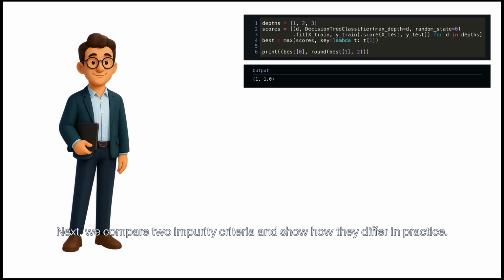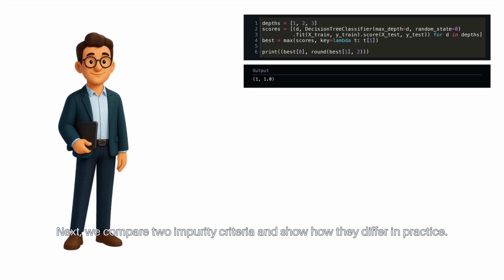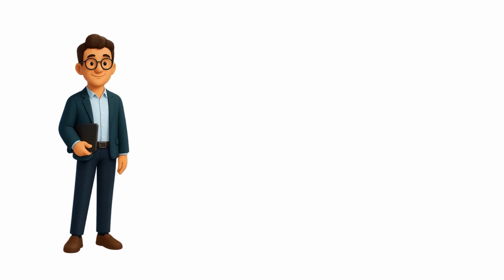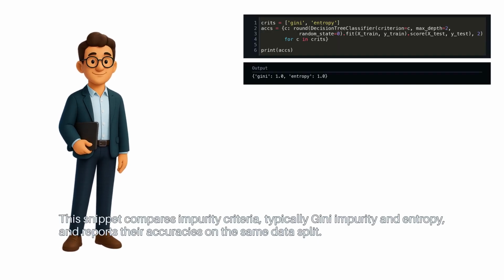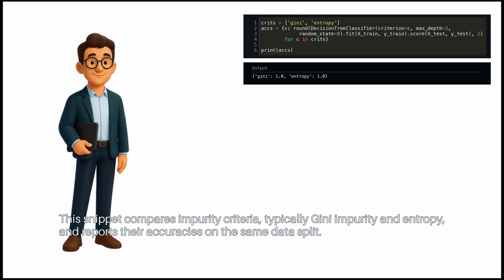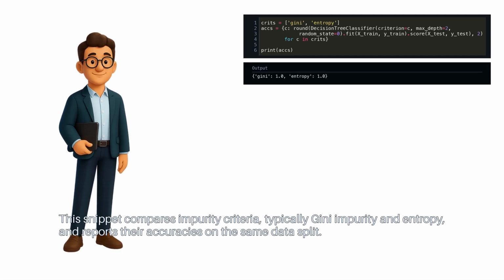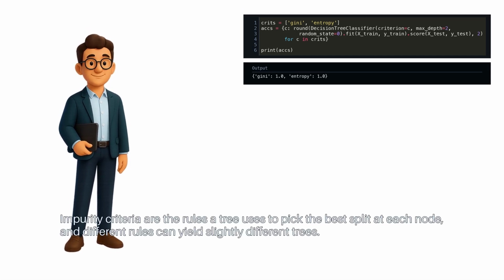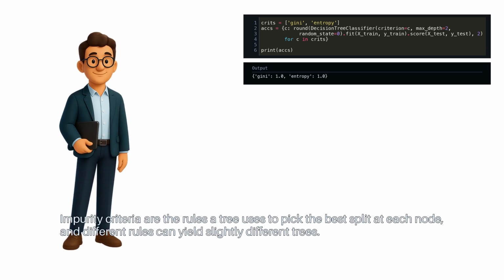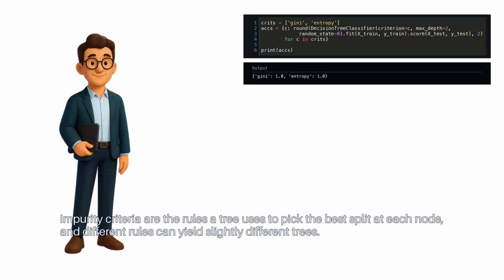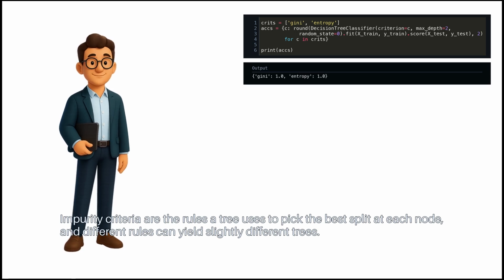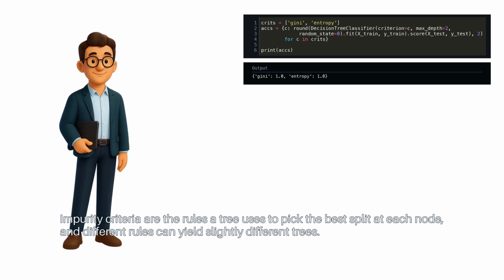Next, we compare 2 impurity criteria and show how they differ in practice. This snippet compares impurity criteria, typically Gini impurity and entropy, and reports their accuracies on the same data split. Impurity criteria are the rules a tree uses to pick the best split at each node, and different rules can yield slightly different trees.